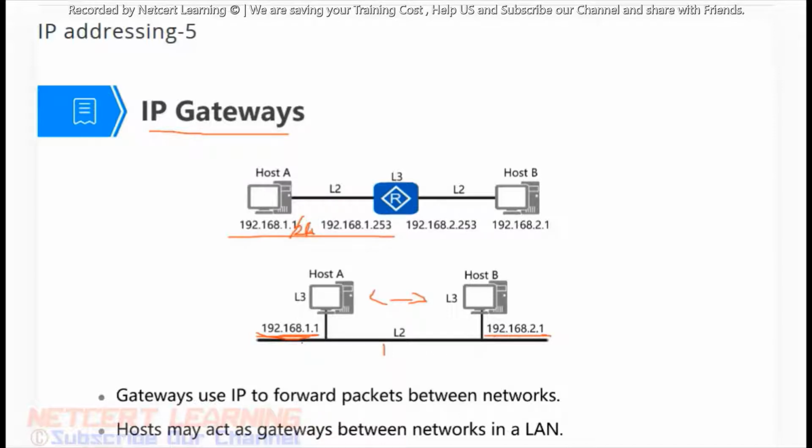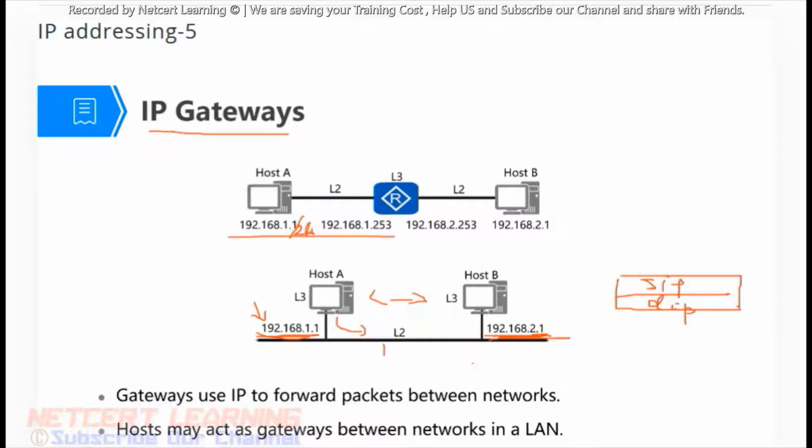Okay, if in the same network, then the computer will sending packet. In the IP header, the source IP address should be itself, and the destination IP address should be this destination IP address.